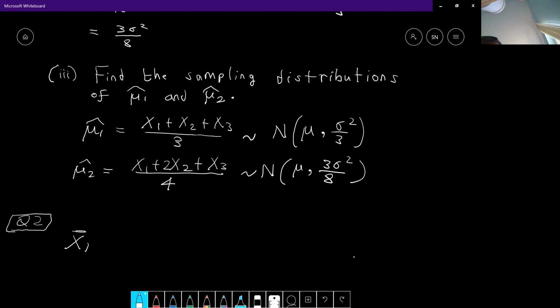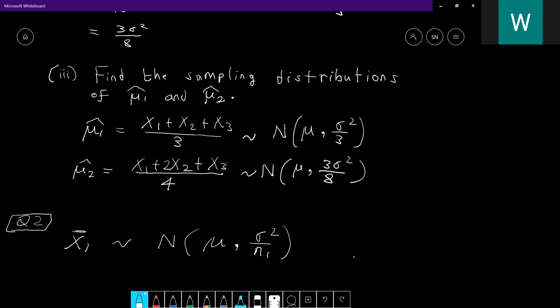So from what I taught you in class, X bar 1 must have this distribution.